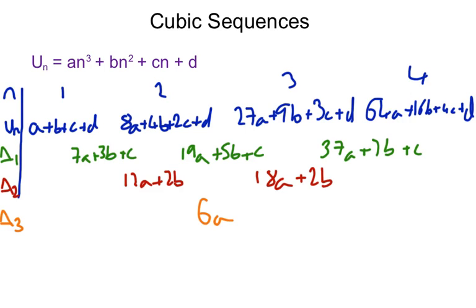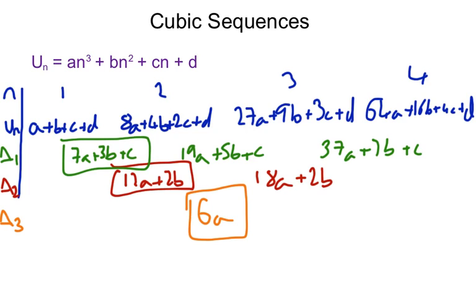And this time, rather than getting the 2a that we got for quadratic sequences, we get this 6a at the end that always works. And we're going to use that to find the general term for a cubic sequence.